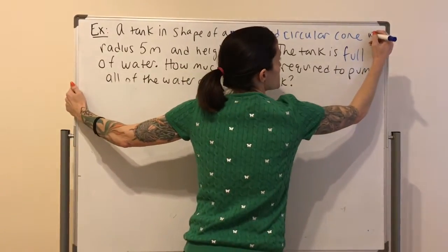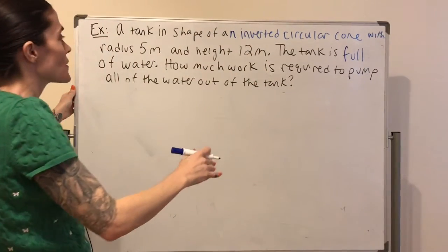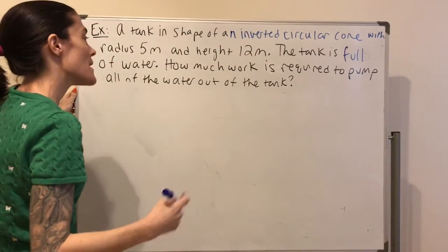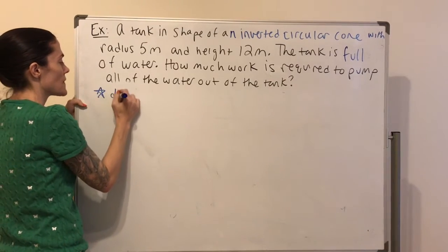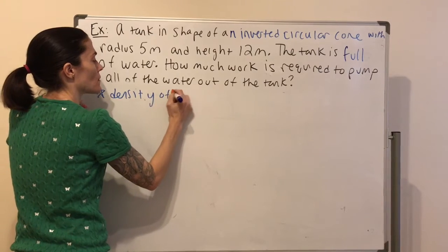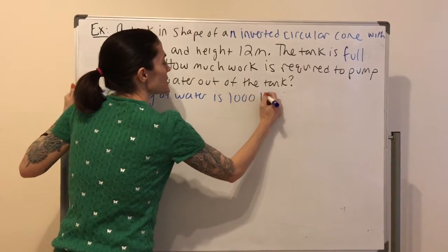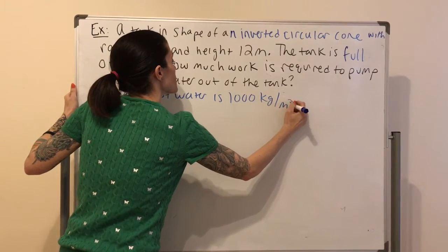With, okay, now this looks good. Radius 5, height 12, full of water. How much work is required to pump the water out of the tank? And I should have left this at the density of water. This is not changed. It's 1,000 kilograms per meter cubed.